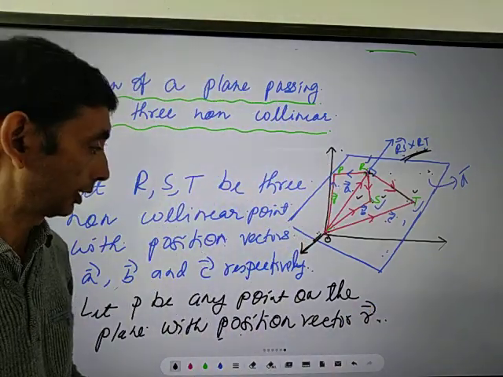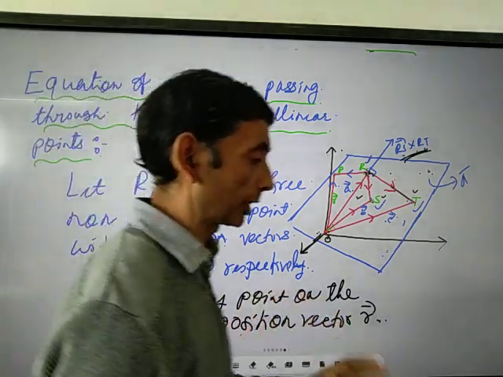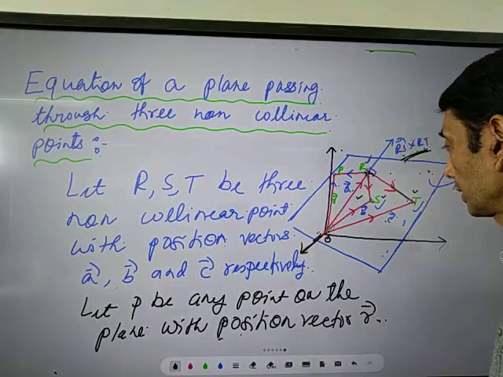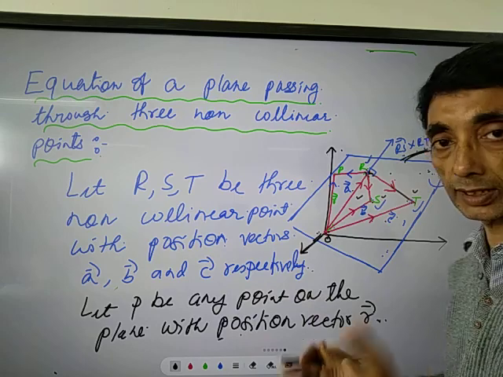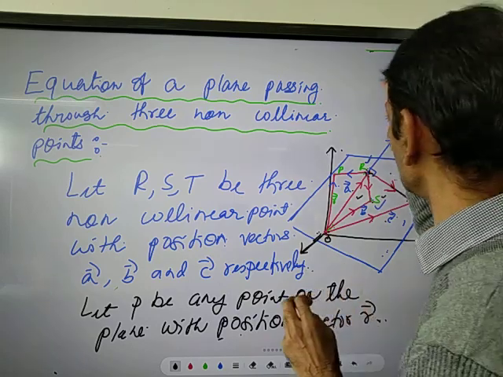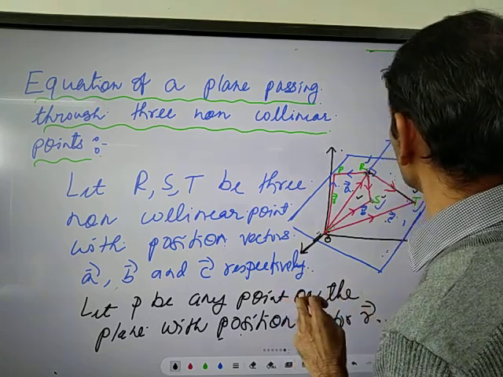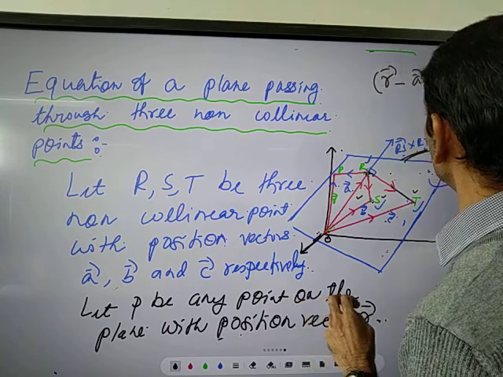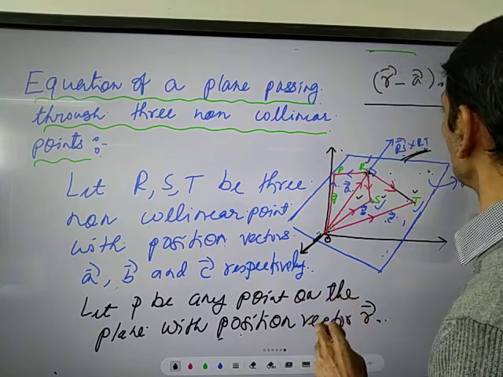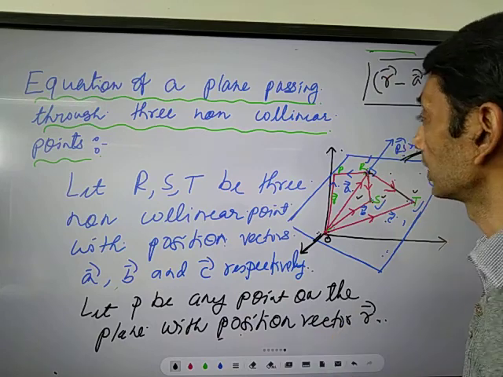Position vector r. Now, to derive this particular equation, we'll be using the previous concept, that is theory 2. I'll write an equation: (r minus a) dot n, which is the equation that we have just discussed.